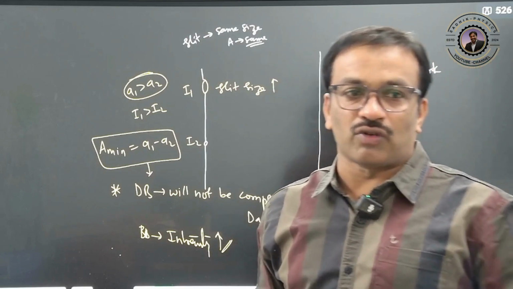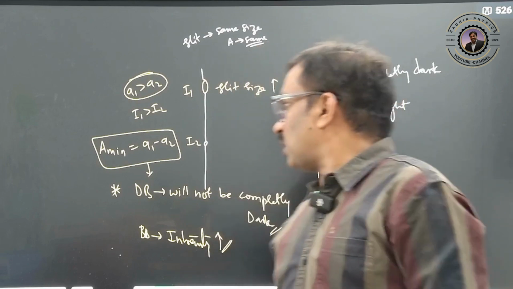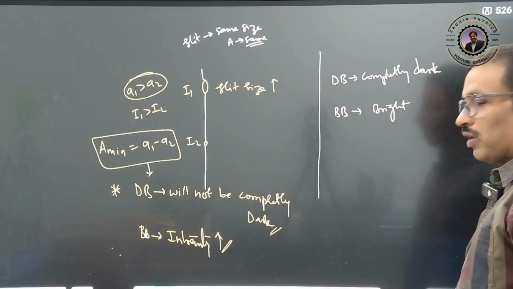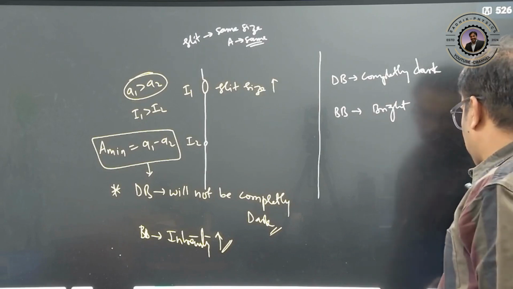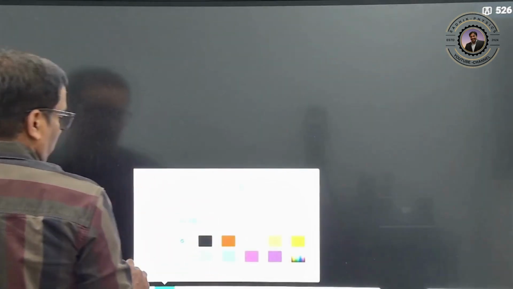Now we will see one question regarding YDSE, then we will go for some more different questions. One simple generalized question we will discuss here, so that you get a complete idea.